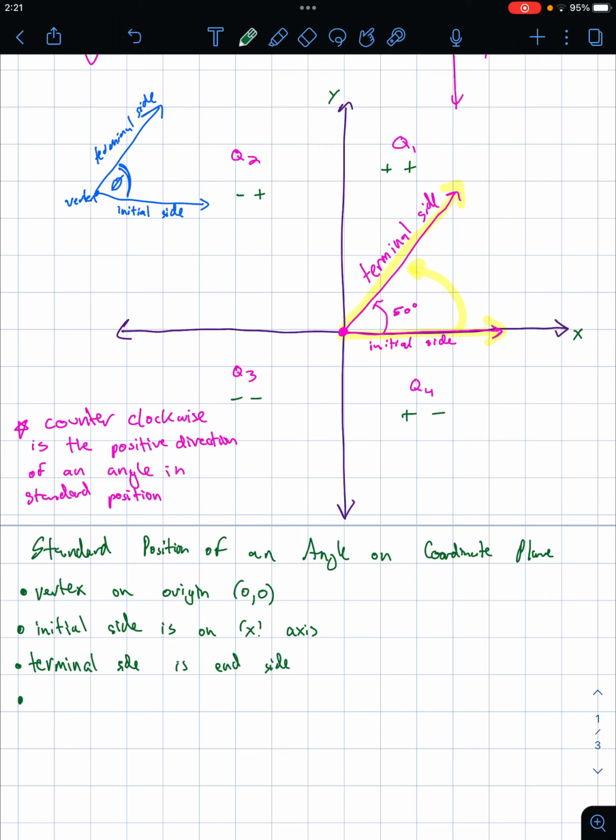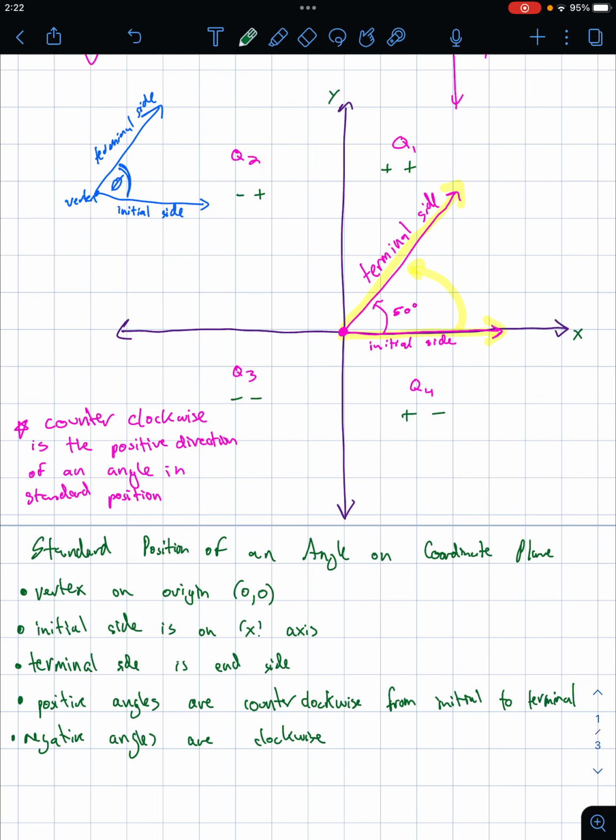We consider positive angles to be counterclockwise from initial to terminal, and negative angles are clockwise.